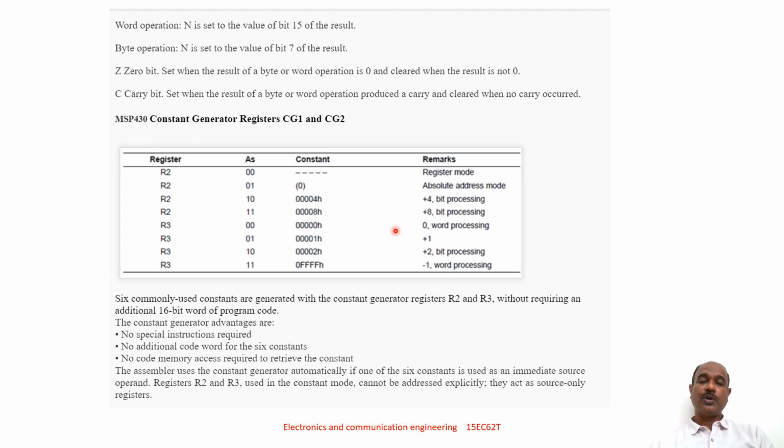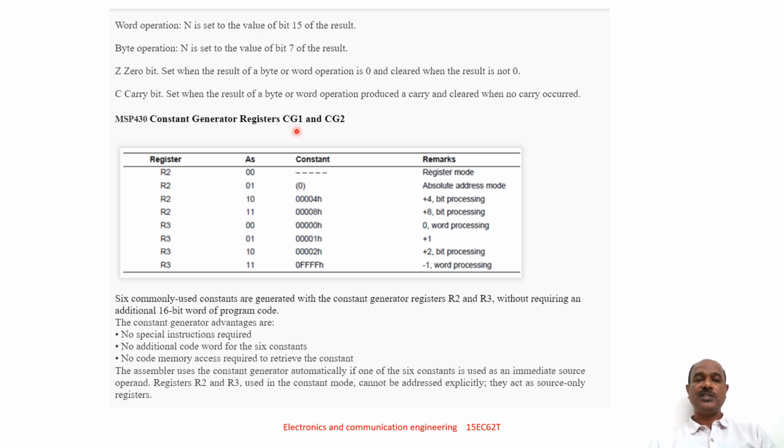While executing the program, the microcontroller has to fetch these numbers from the memory into the registers for execution. So in order to save memory, and also to speed up the execution, since these constants are used frequently, the microcontroller will generate these numbers automatically. Whenever you use these numbers while writing instructions, these numbers will be replaced by these registers. That is the purpose of these two registers, CG1 and CG2.